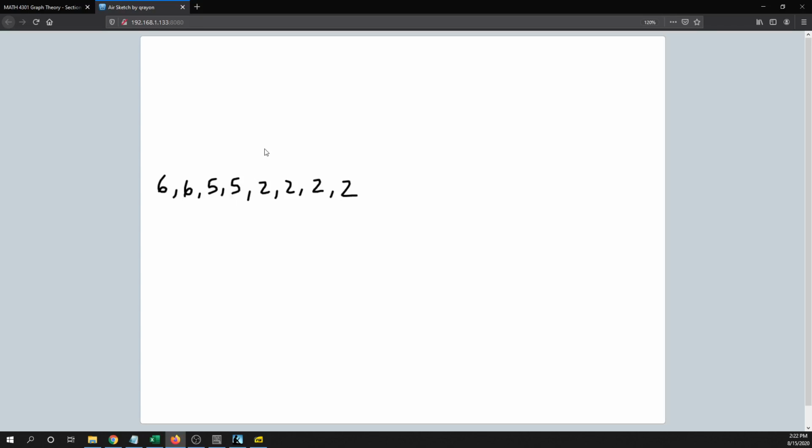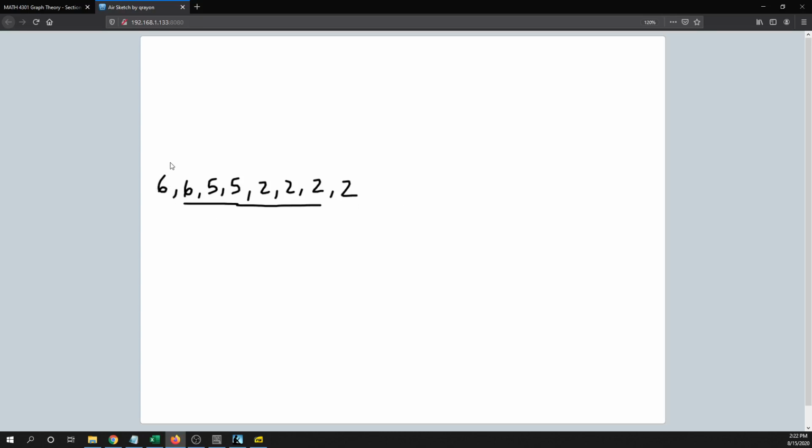So again, we'd identify S is 6, so we'd look at the next 6 vertices after that. Those are our T sub i's, right? And this is our D sub i, as it's denoted in the theorem.